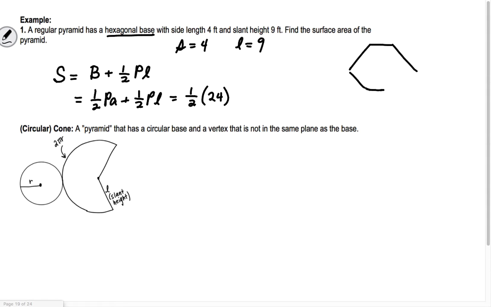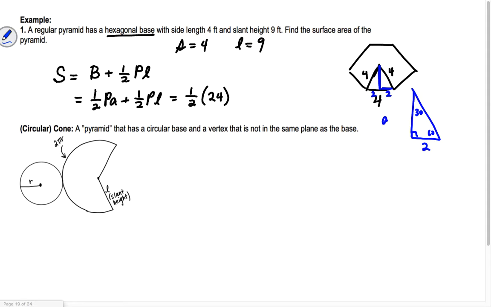And then we need to know the apothem. So if you remember, if you have 4 as our side length, we create this equilateral triangle here. So if I wanted the apothem, it's a 30, 60, 90 triangle. So we would have 2 and 2, so I'm going to have 2 there.